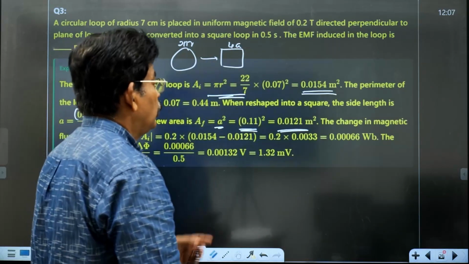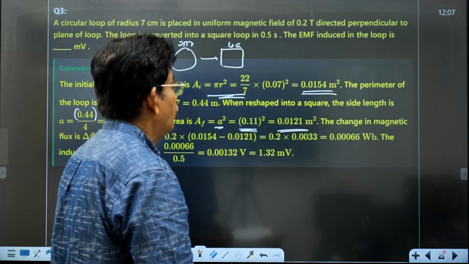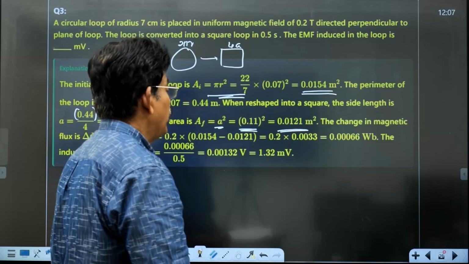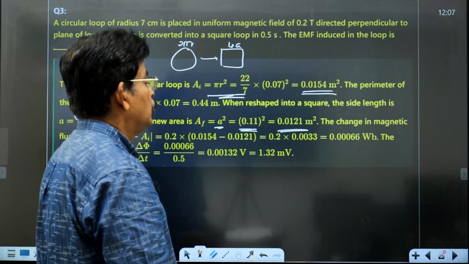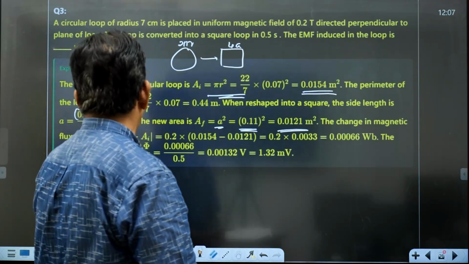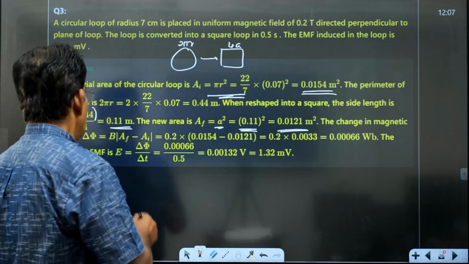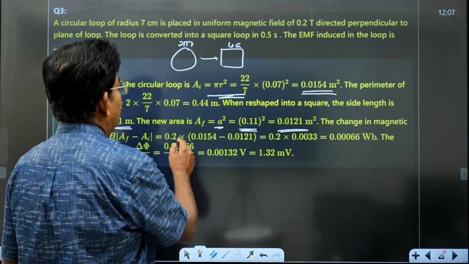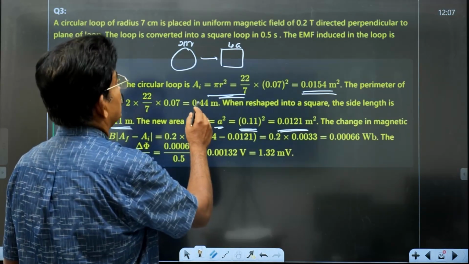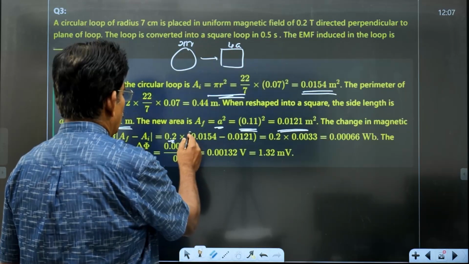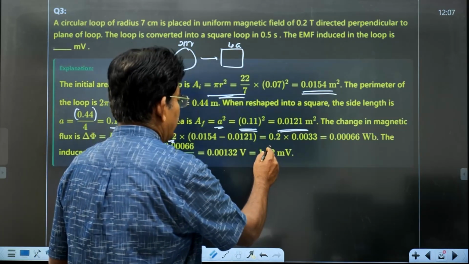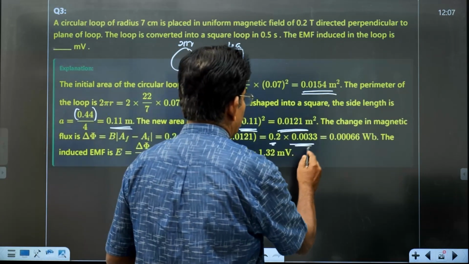Then it was 0.0154 meter squared. Now it is 0.0121 meter squared. So there is a change in magnetic flux. What is that? B into change in area. B is given to be how much? 0.2. So 0.2 into change of area. Change of area is coming to be 0.0033.